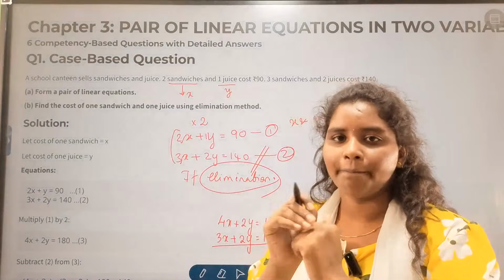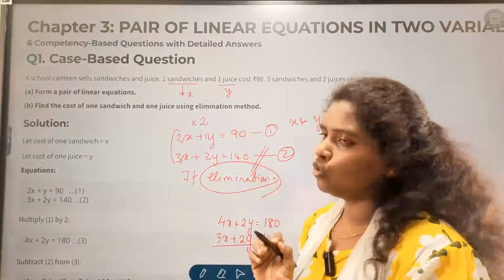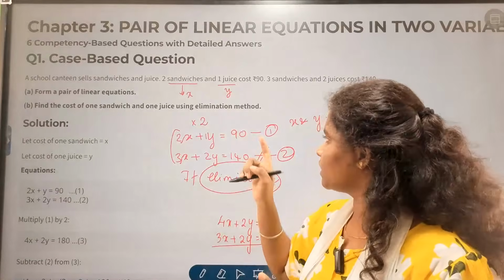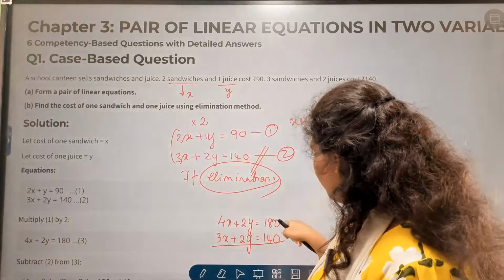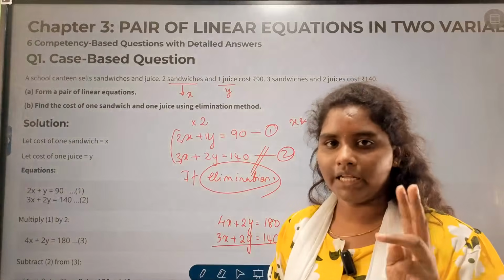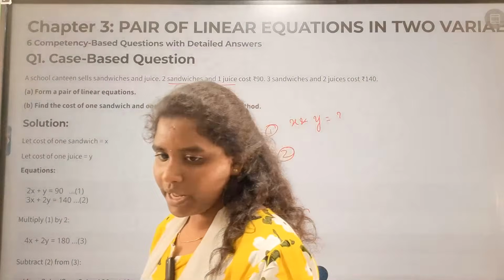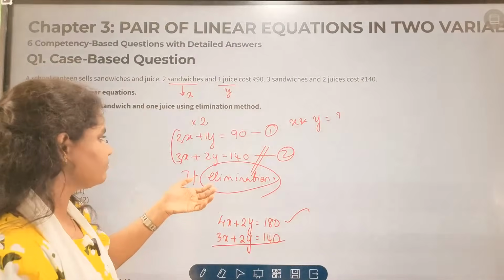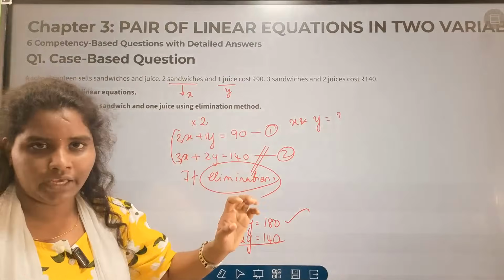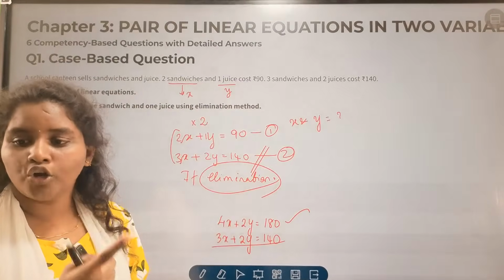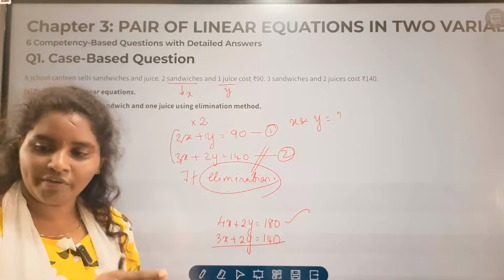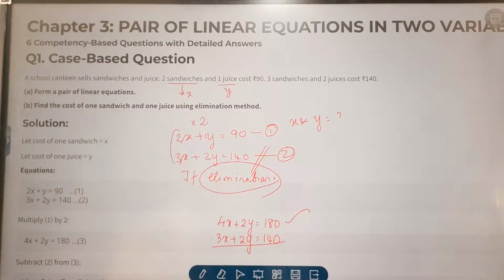In equation 2, I write as it is. In the elimination method, we have to make the coefficient of any one unknown variable the same, right?